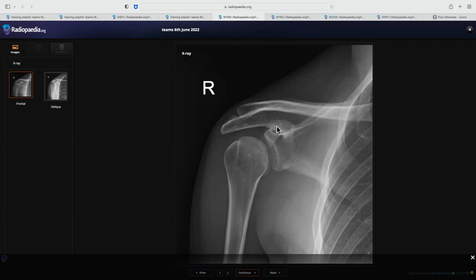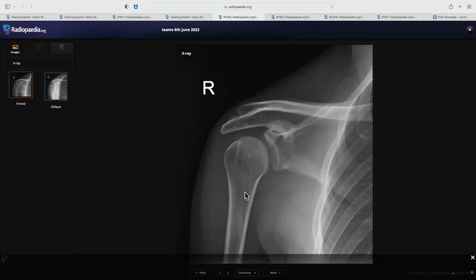The acromioclavicular joints are fine. Can you see anything? I can't see anything. I'm not sure actually. Okay. I can see maybe there is some sclerosis inferior to the glenoid region, and otherwise I can't see anything actually.